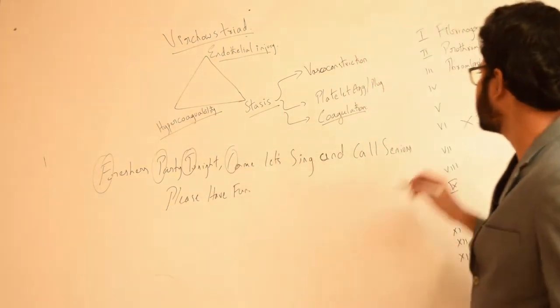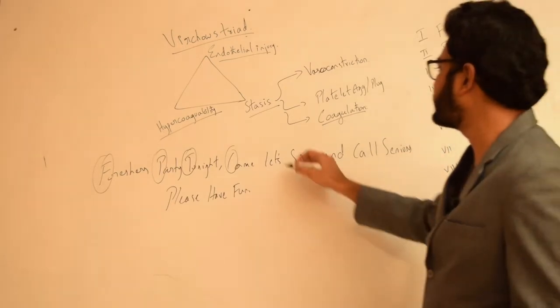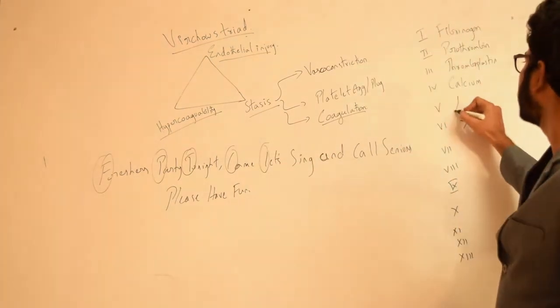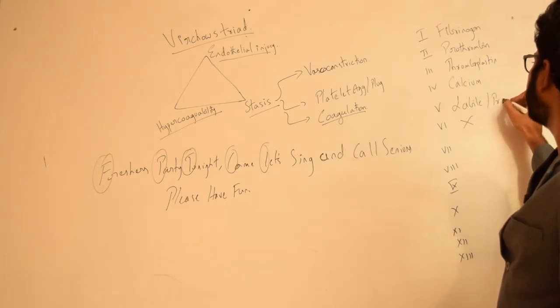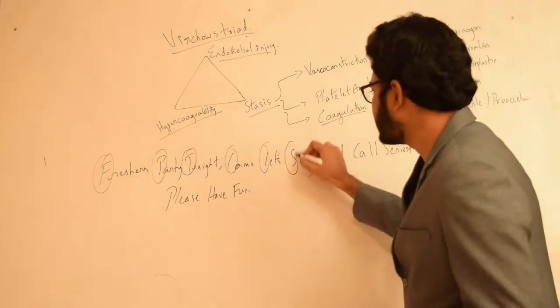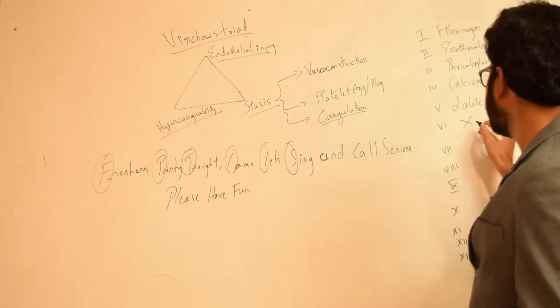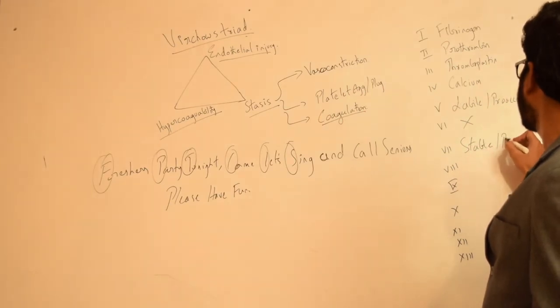Factor 4, C, stands for calcium. Factor 5, L, is labile factor, also called proaccelerin, and factor 6 is omitted. Factor 7, S, is stable factor or proconvertin.